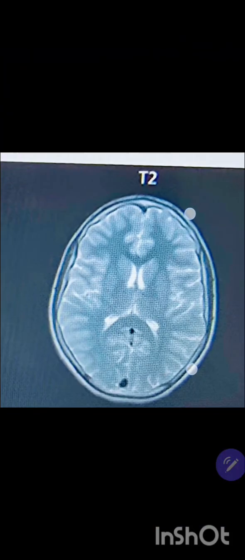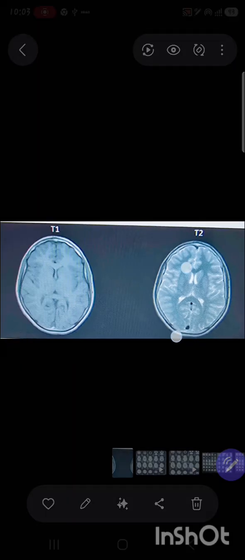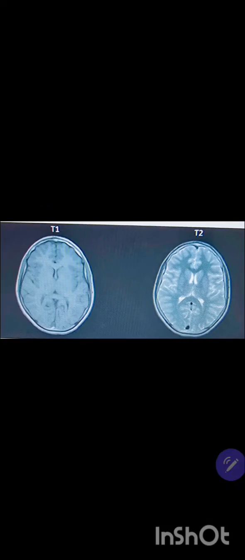In the T2 case, the ventricle cavity has fluid that is white and bright in appearance, and the outer bright fatty layer is again present. So this is the condition of MRI based on T1 weighted and T2 weighted images.